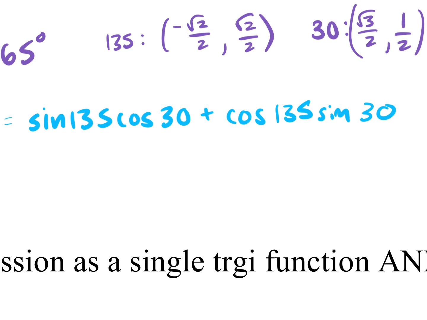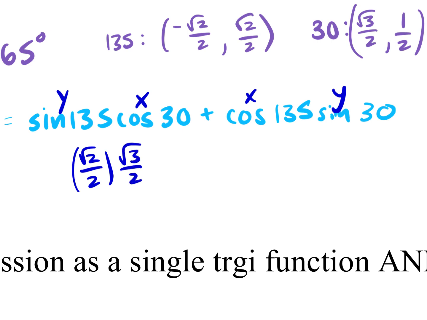So sine tells me I have to look at what values? Y, cosine is x. So sine of 135 would be what? Square root 2 over 2. And cosine of 30? Square root 3 over 2. Plus cosine of 135 would be the x value.